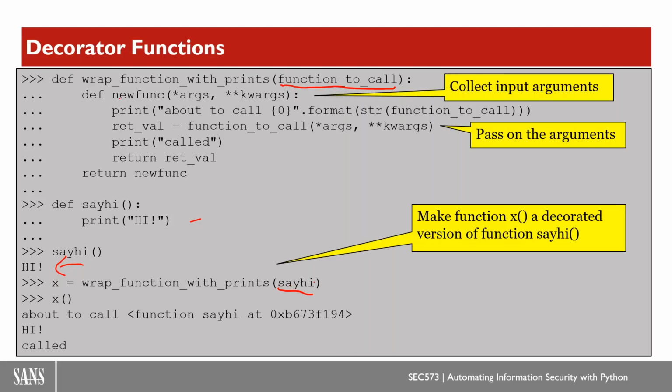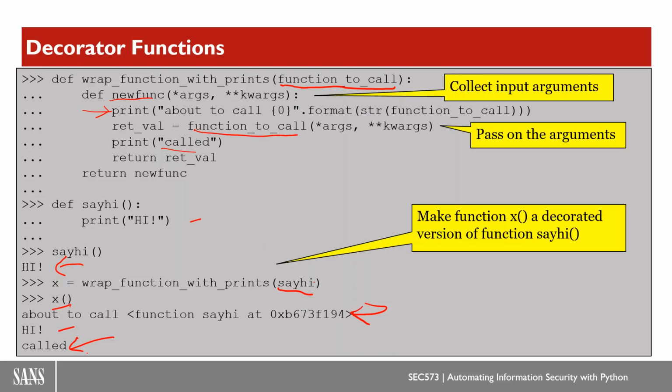It's going to create a new function that prints a statement, calls say hi, and then prints called, and just returns back whatever value I got back from the function that I called. So now when I execute function X, it prints about to call, it executes say hi, and then it prints called.